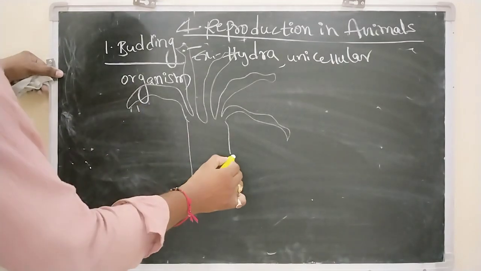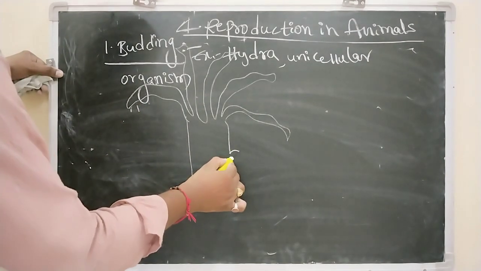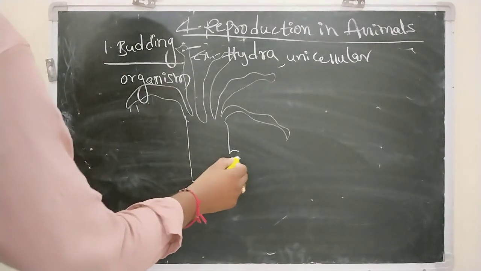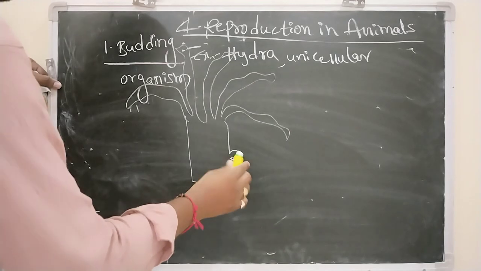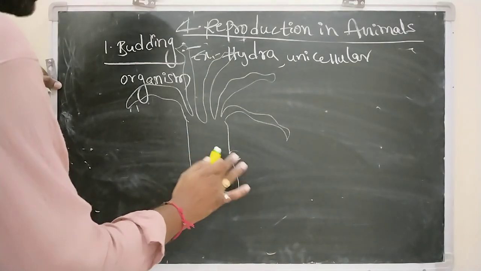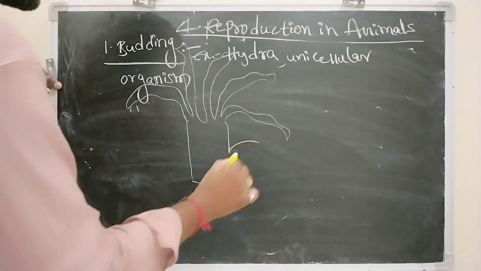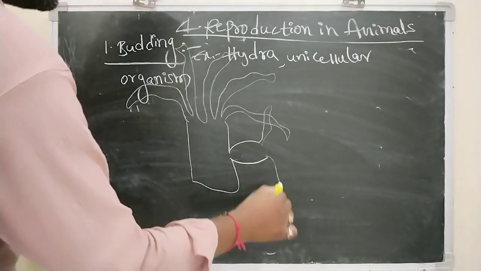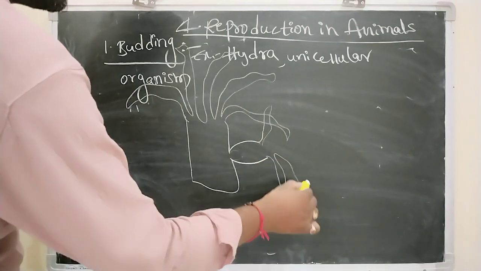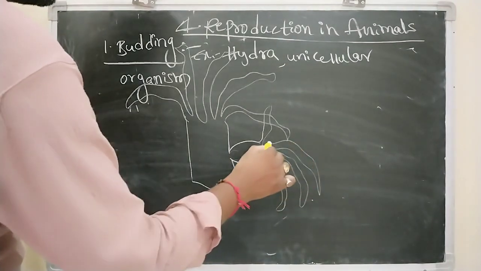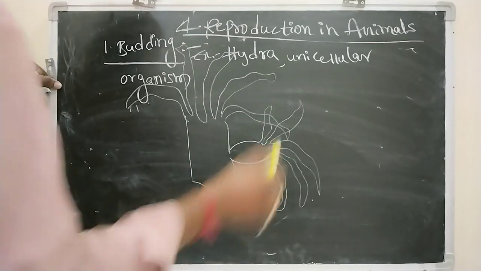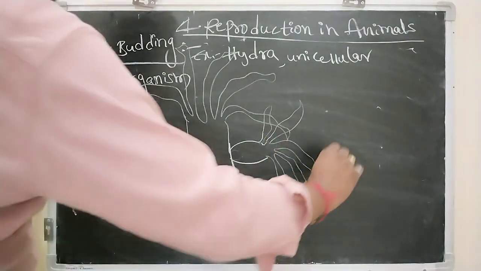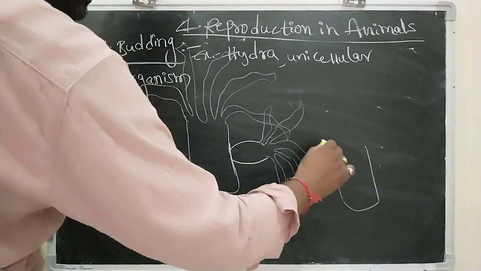So what will happen? A small growth appears from the body surface of the parent hydra. Slowly the bulging increases, and when the young one is formed by developing the tentacles completely, it gets detached from the parent hydra and grows as an independent hydra.